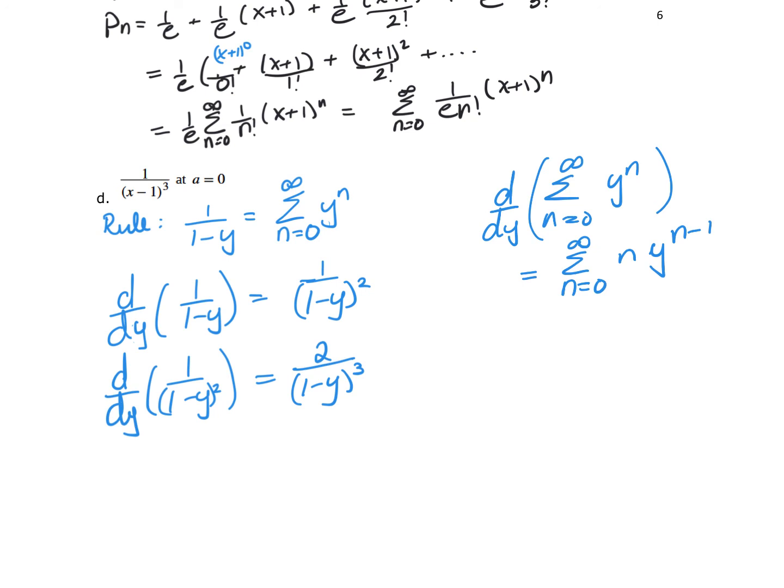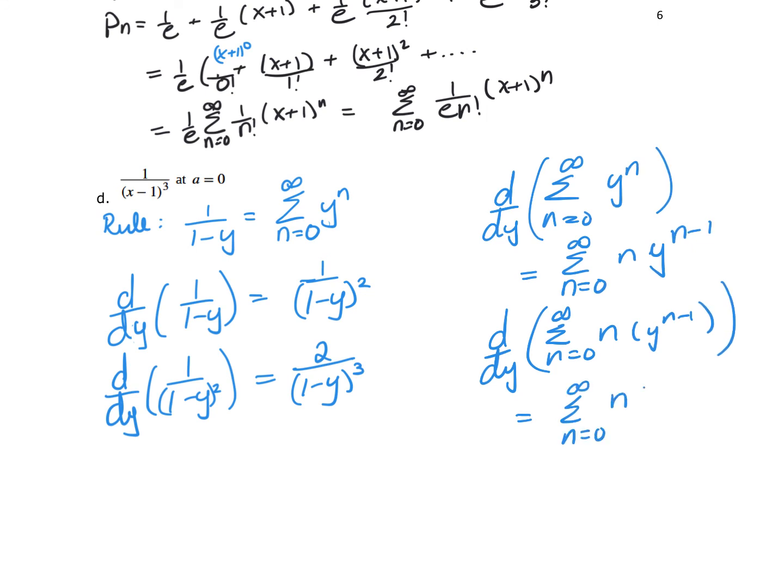Then I would do the second derivative of this. I'm going to do the derivative again: d/dy of the summation of n equals 0 to infinity of n y to the n minus 1. And we end up with the summation of n equals 0 to infinity of n times (n minus 1) raised to the n minus 2.